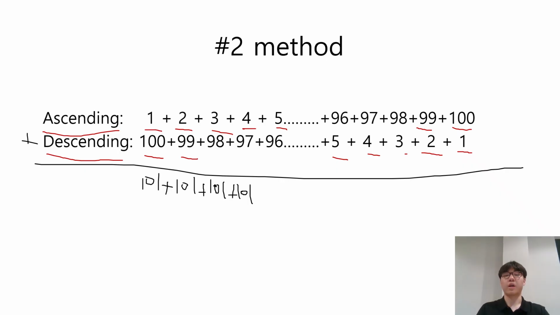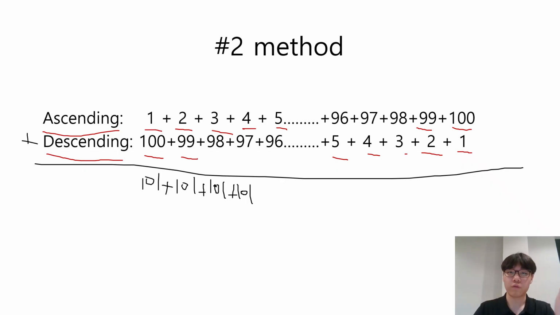So we can figure out that every ascending plus descending sum always has the form of 101 plus 101 plus 101 plus 101 plus 101. So the next problem is, how many 101s do we have? The number of terms of 101 in the result is the same as the number of terms in the ascending form.